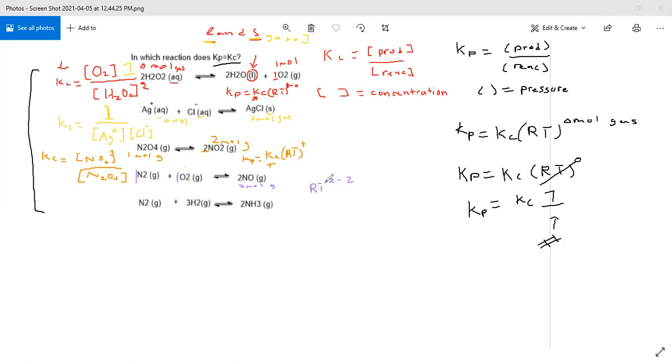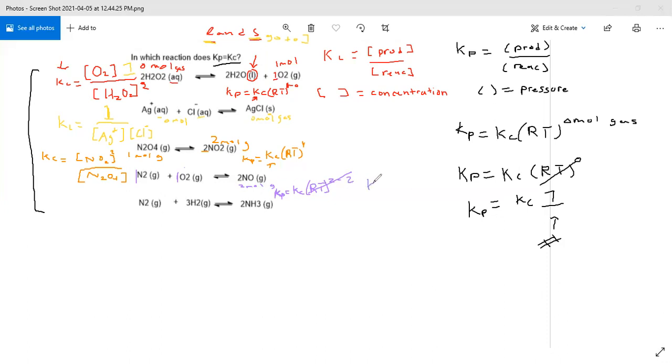So here's our RT, which I'm going to cancel out in a second. Here our Kc and our Kp equal each other because this disappears. So great. This means that whatever Kc equals, that's our Kp.